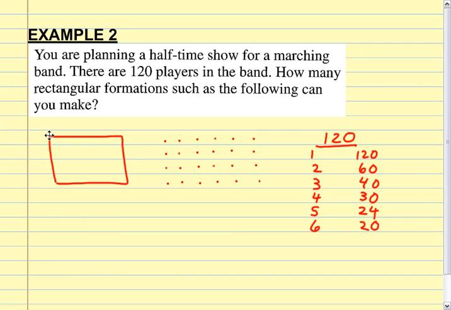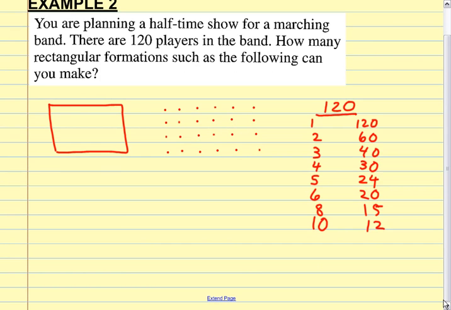You can check your calculator for 8. 8 times 15. Good. What about 9? Does 9 go into this number? Nope, it does not. What about 10? Yes. 10 times 12.